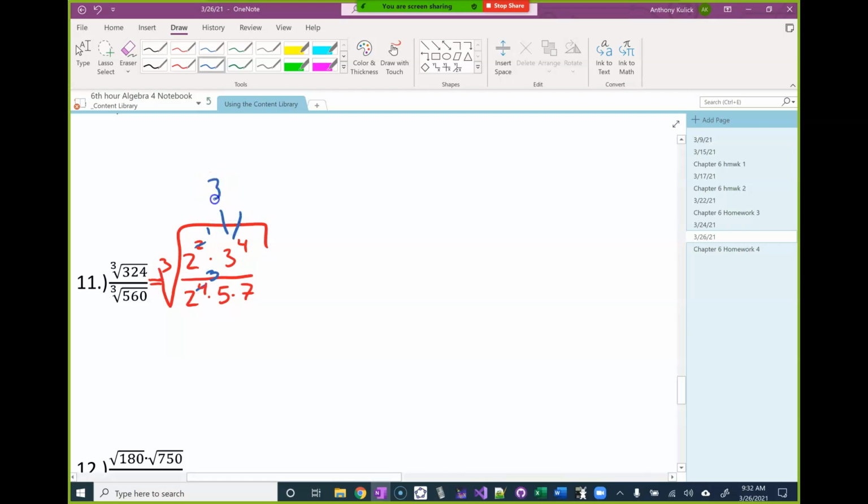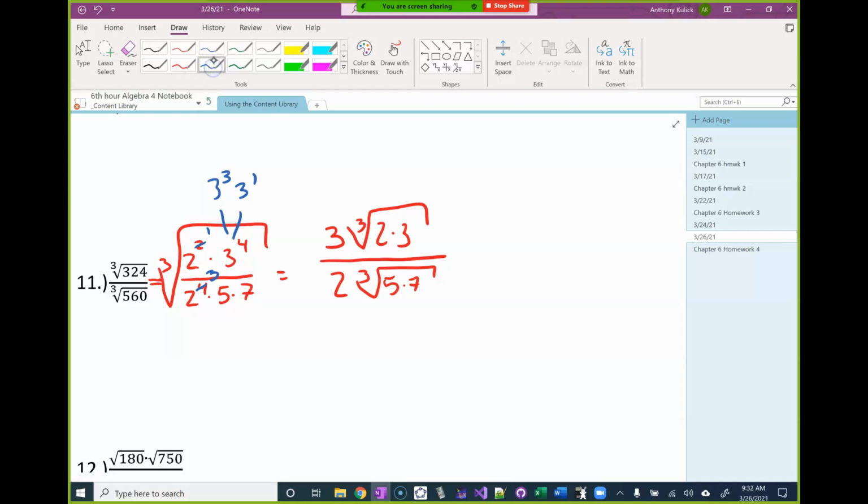And then I'm going to think about 3 to the 4th as 3 to the 3rd and 3 to the 1st. So I can take a 3 out of my numerator, and I'm left with a 2 times 3. And I can take a 2 out of my denominator, and I'm left with 5 times 7.